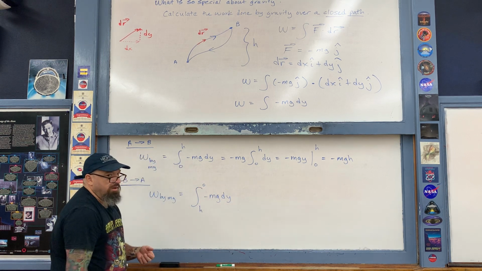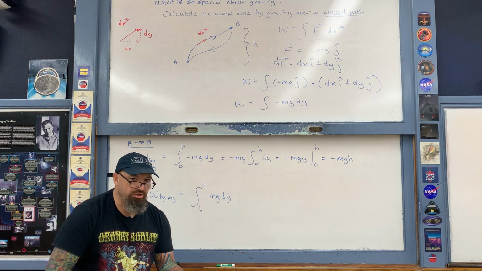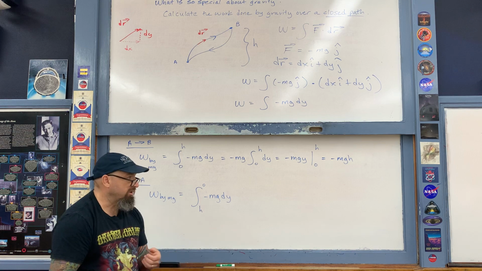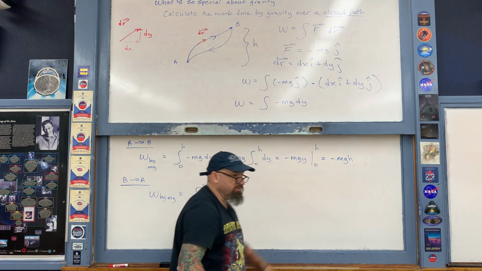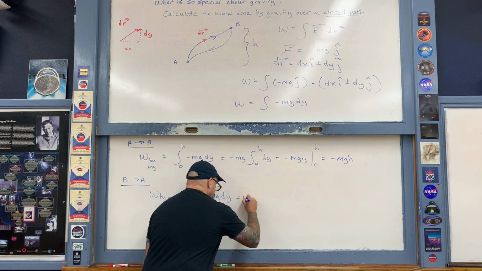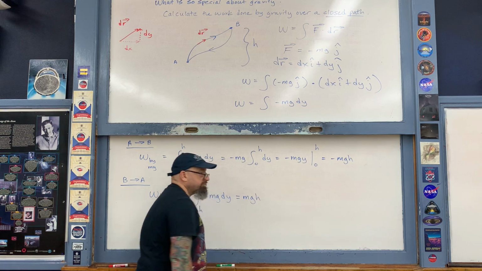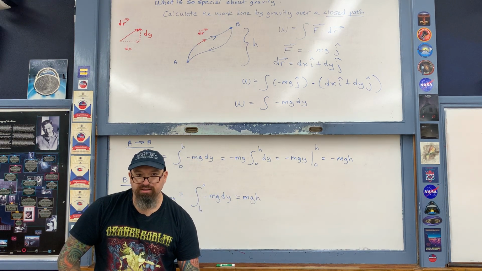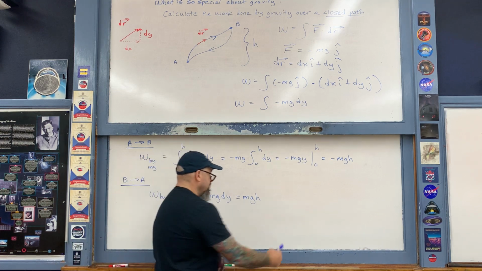When you reverse the limits of integration, the only thing that happens mathematically, as opposed to the earlier calculation, is that instead of getting a negative mgh, you end up with a positive mgh. Okay, now we add the two terms together to complete the calculation, the work done over the closed path.